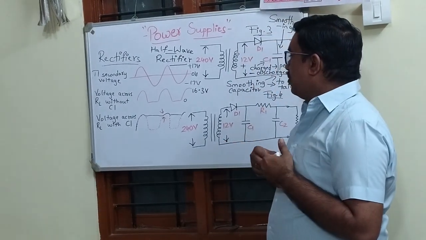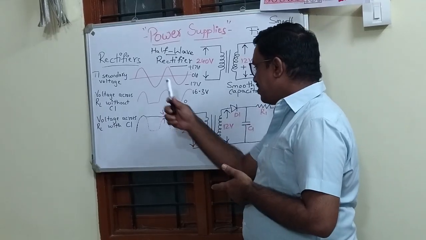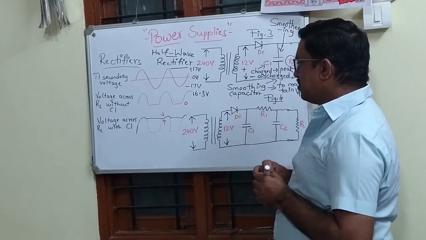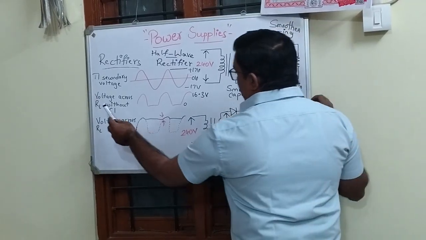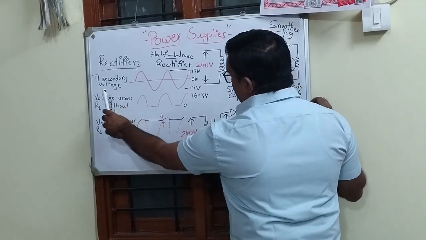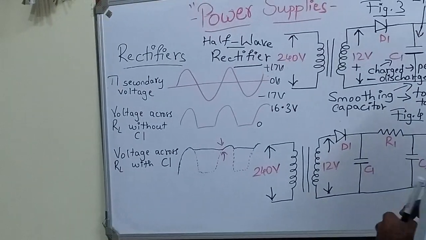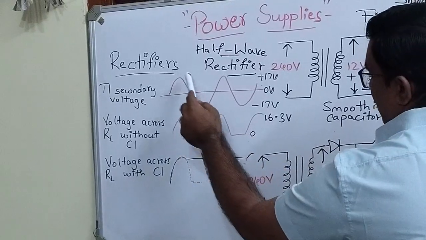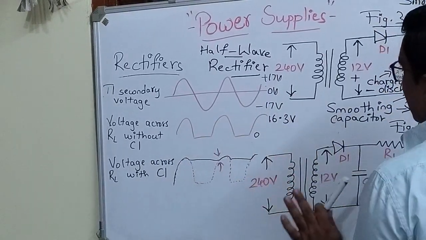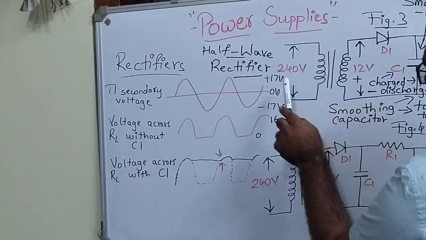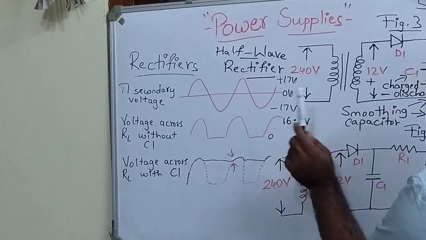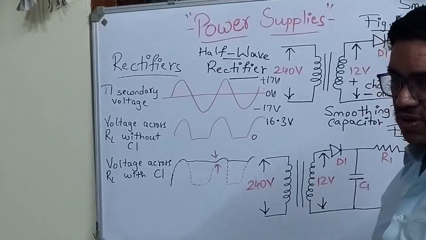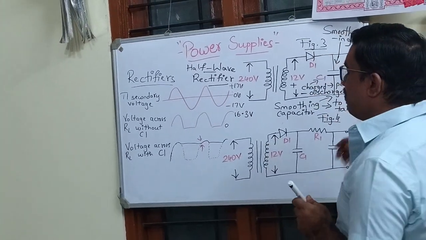Here on the board I have some plots for the half-wave rectifier circuits. The first one is the T1 secondary voltage, that is the 12 volts. The signal considered is sinusoidal. Here we have plus 17, 0 and minus 17, because we are interested in the peak voltage but not the RMS.